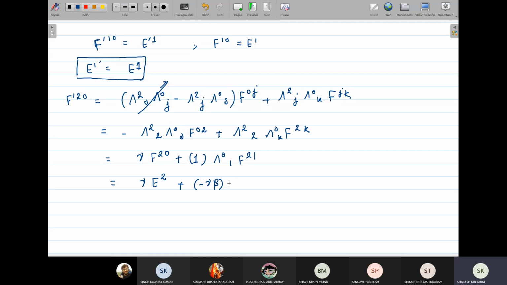F21 I can write as minus F12. So this will be equal to gamma E2 plus gamma beta F12.